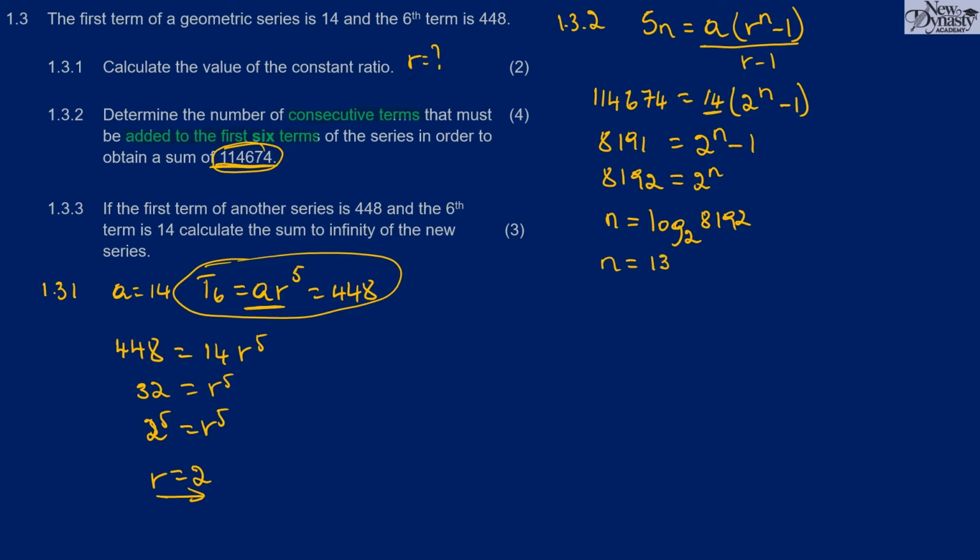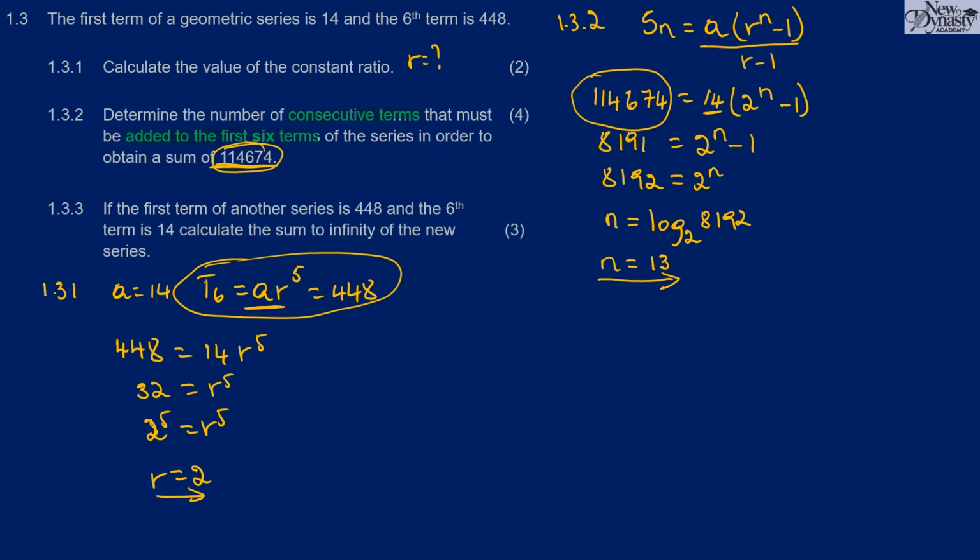Then, as I said before, because we used this number, which is the total number of terms that must be added, these are the total number of terms that must be added here. But we were adding this number to 6 terms that are already there. So it means we have to subtract 6 terms, because this number here includes the 6 terms that are already there.